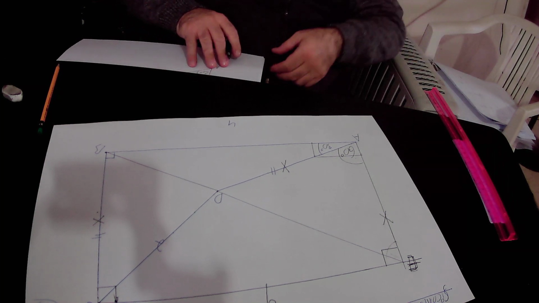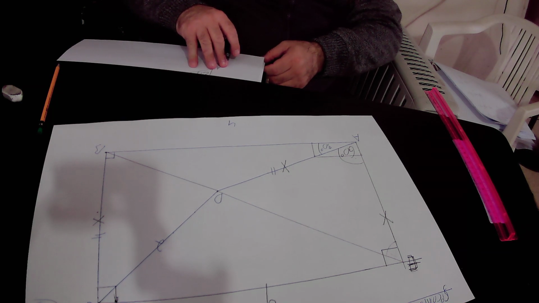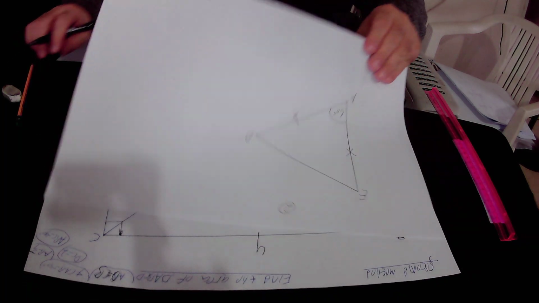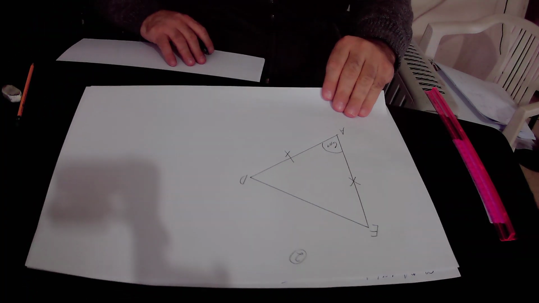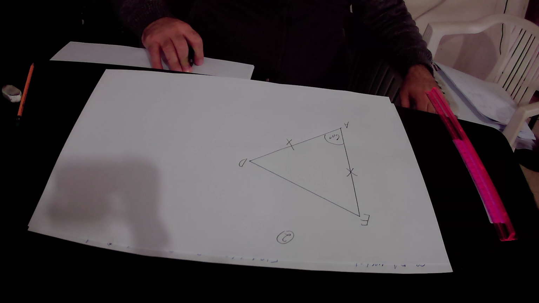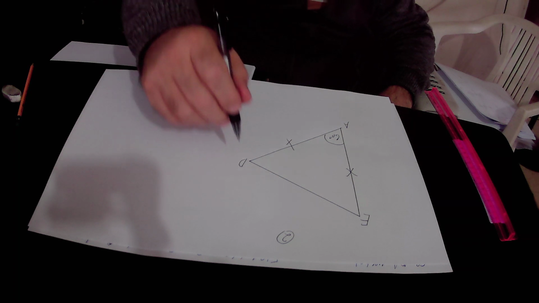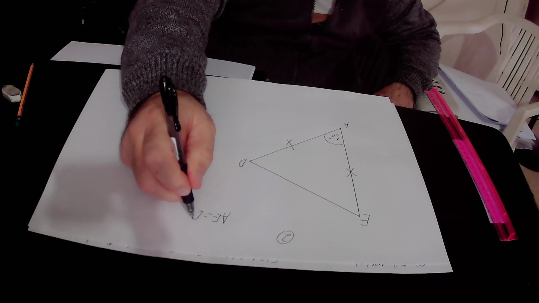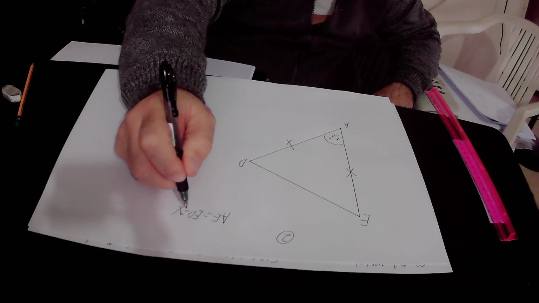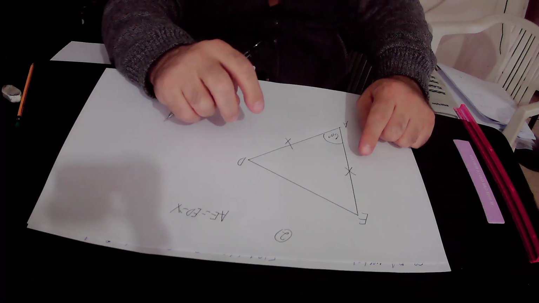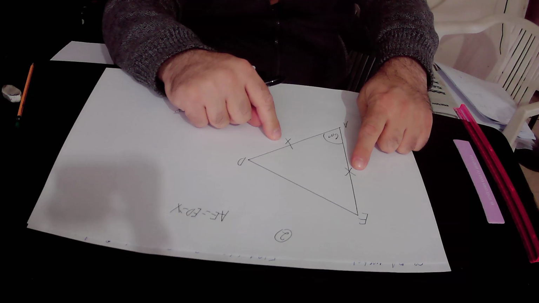So actually, this is triangle AED. I copied it from the original drawing. We know that in triangle AED, AE equals ED equals x, and we have the rule that in front of equal sides in a triangle there are equal angles.